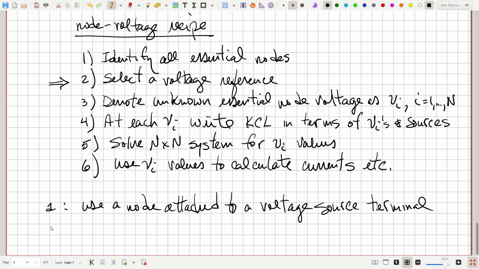That's a good approach. And another thing that you could do, independently or maybe in conjunction with this, is use the node with the most devices attached.